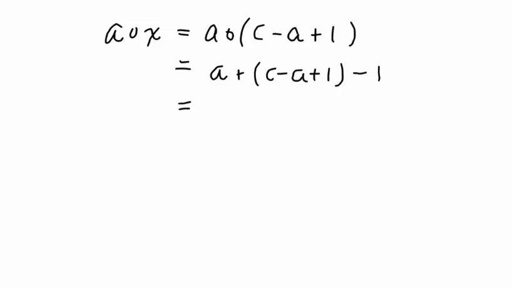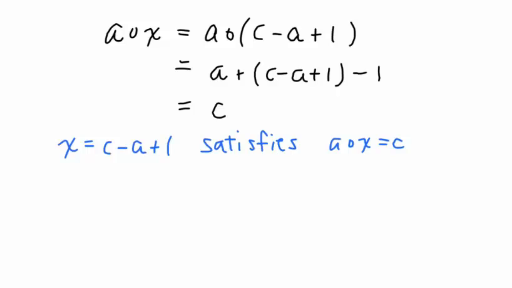And if we drop the brackets, we'll notice that the A's are going to cancel and give us 0, and the 1's are also going to cancel and give us 0, and we're going to be left with just the real number C. So this tells us that the solution that we've created does satisfy the property A circle X is equal to C, so we know there's at least one solution to this particular equation.